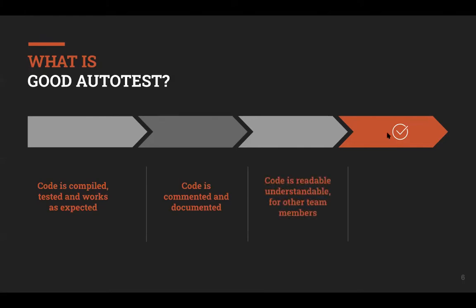Third, code is readable and understandable for other team members, for example, following naming conventions, code conventions, some standards, and so on. And last but not least, code is scalable, reusable, and stable. And stable is actually the most tricky part for test automation, because it's not enough to write an auto test. You should write a stable auto test.